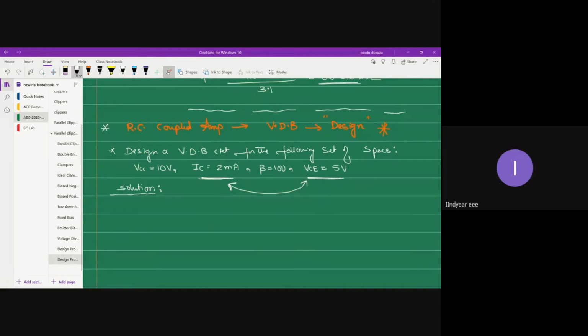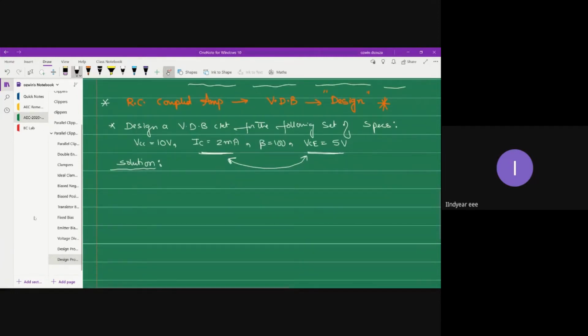Fine. Now, since there is a lack of data here, we go with a kind of rule of thumb, or the design rules, we would say. The first design rule, you can write: let VE be equal to 10% of VCC. This is your first assumption.